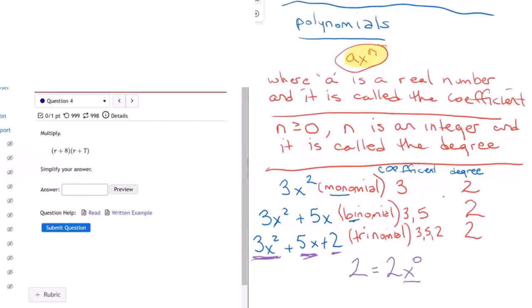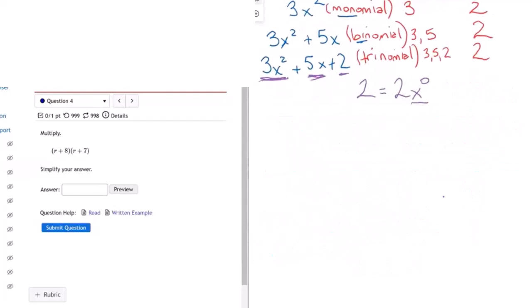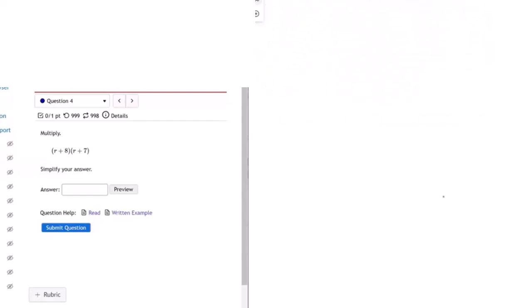So 2 is that form because I said n has to be greater than or equal to 0. And it is equal to 0. So it fits into a polynomial. Anything of that form is a polynomial if each term fits. I can have many terms, I can have few terms, but anything plus or minus is a term.